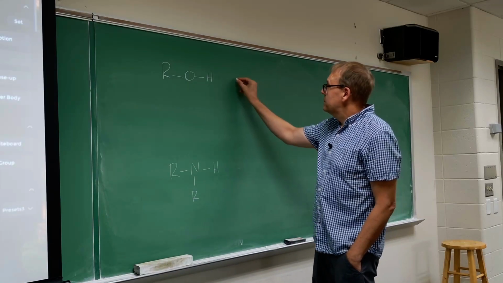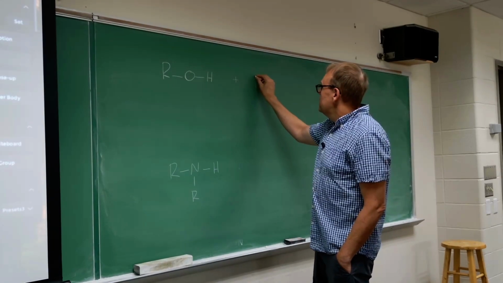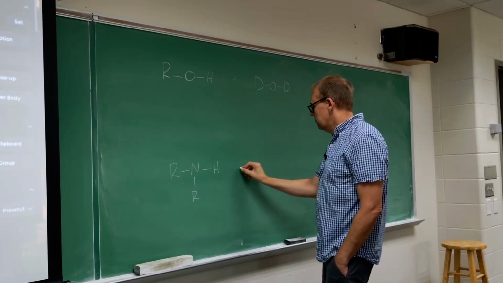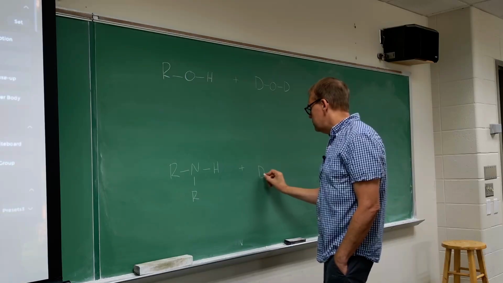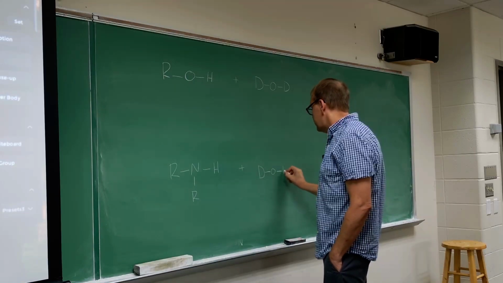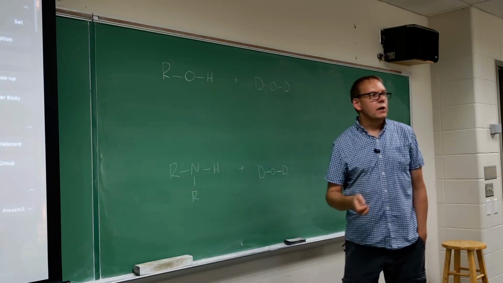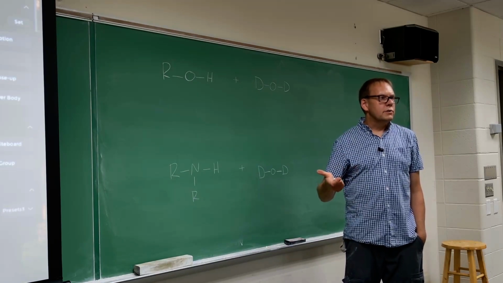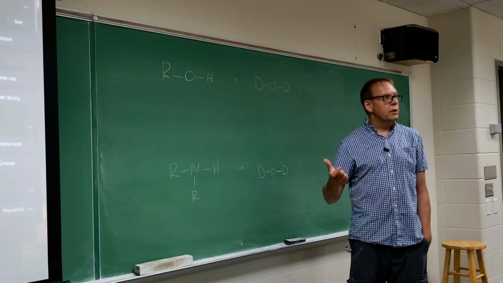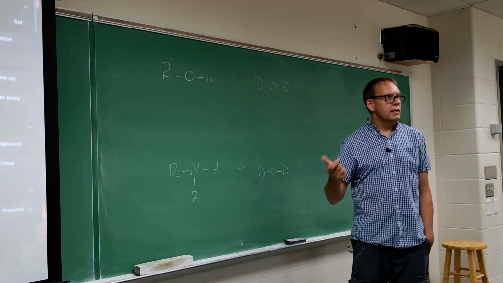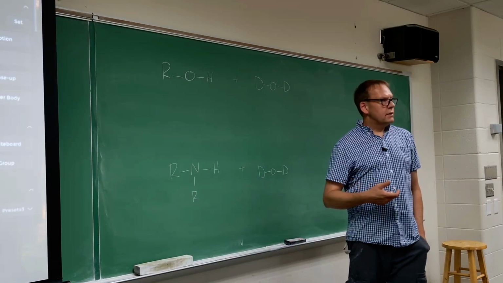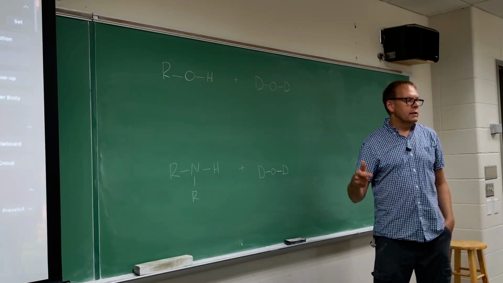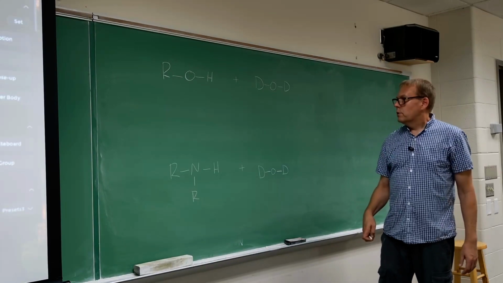So what people discovered is you can put D2O in with these molecules, and D is deuterium. That's heavy hydrogen. That's a hydrogen atom that has a neutron. Normal hydrogen, a proton, is just a proton and no neutron, but deuterium is proton and neutron together. And it behaves chemically like a proton, but it's invisible in the proton NMR spectrum because it's not proton. So we don't see it.